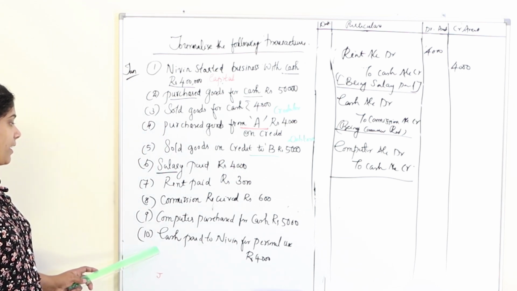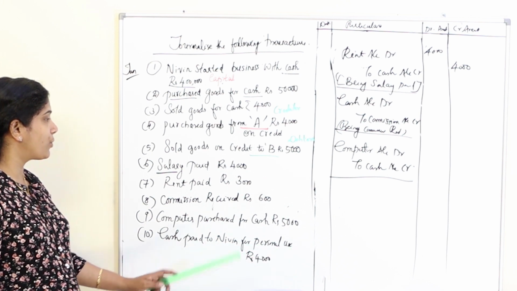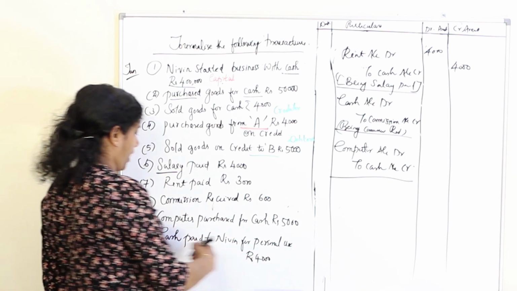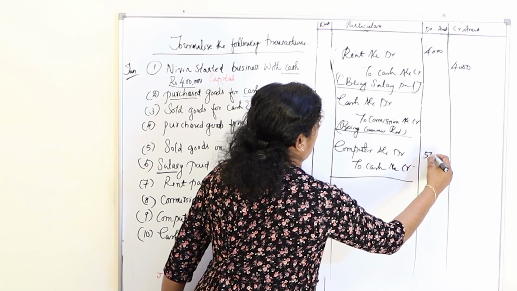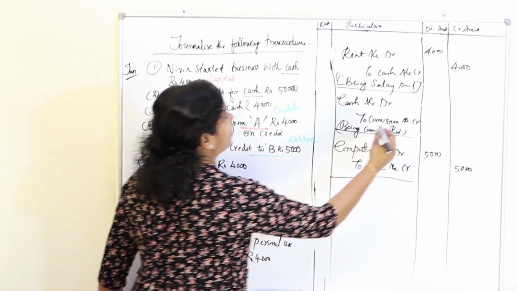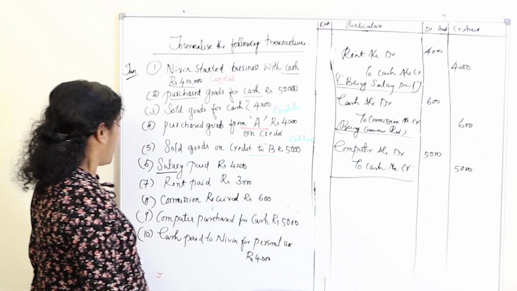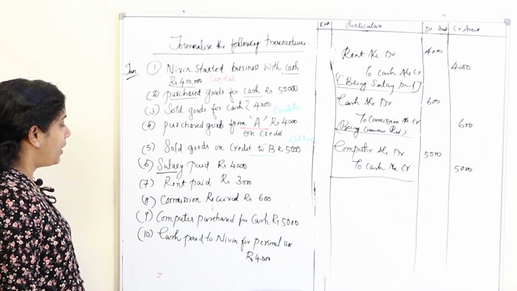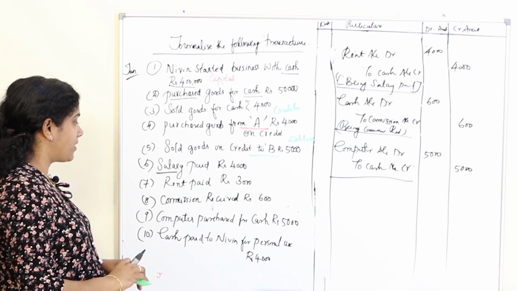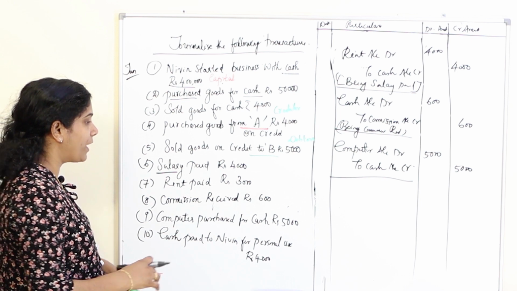Okay, last one is cash paid to Nivin for personal use rupees 4,000. Computer is 5,000 and commission is 600. Cash paid to Nivin for personal use. When the owner is taking cash from the business, we can call it drawings.